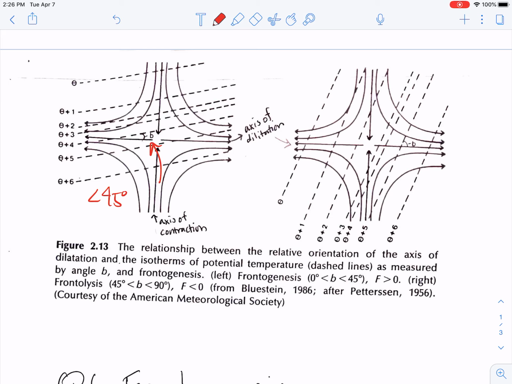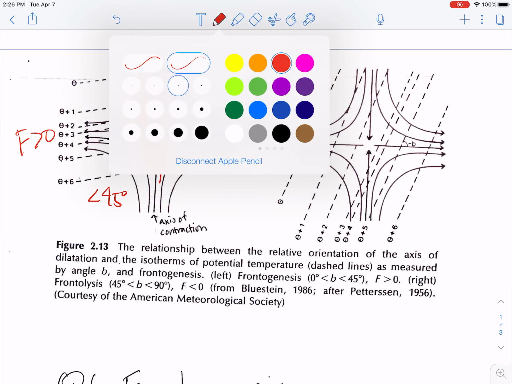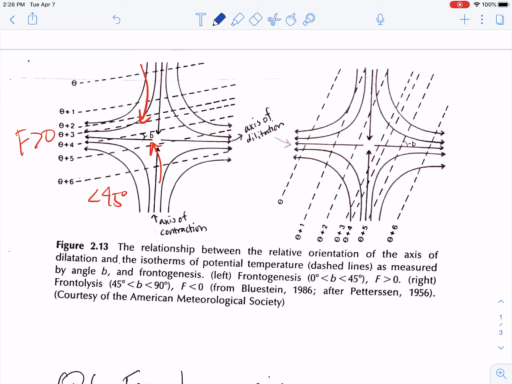Our isentropes from the north are going to be pushed down to the south, such that we're going to concentrate our isotherms here, such that our frontogenesis is going to be greater than 0. Similarly here, we see our angle B is greater than 45 degrees. When it is greater than 45 degrees, our axis of dilatation is helping to spread our isotherms out such that we have frontogenesis less than 0.